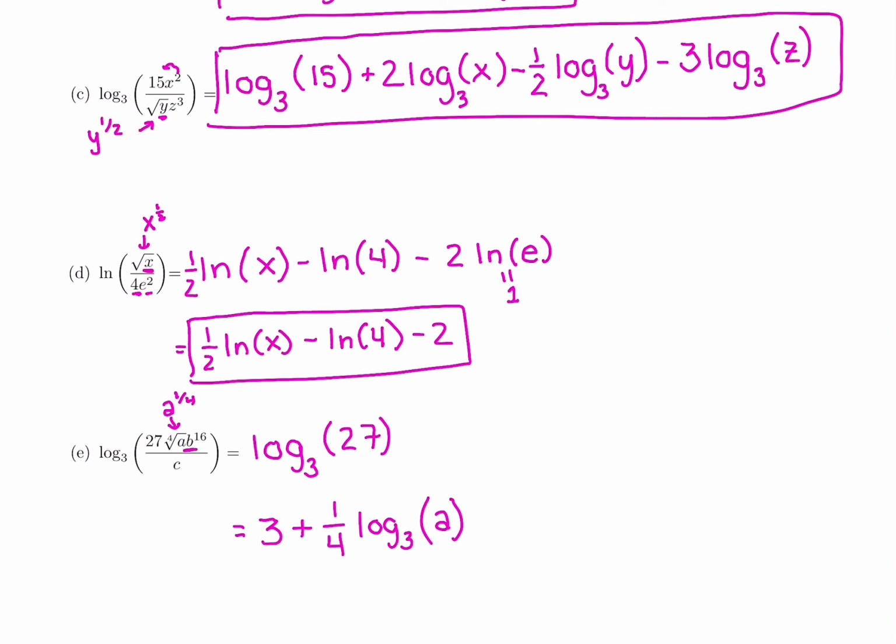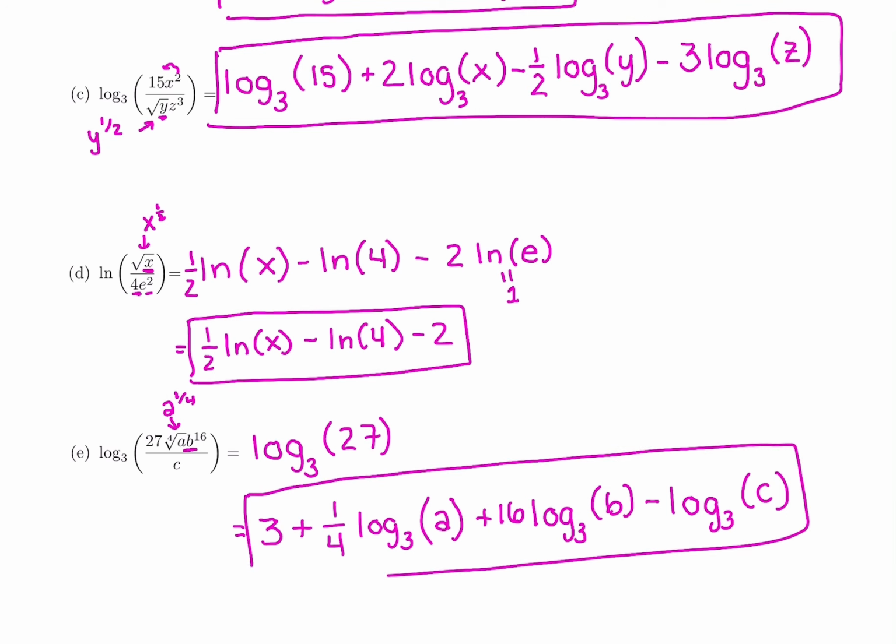Next one we have b, so I'm going to add it since it's in the top. Log base 3 of b. And then I'm going to pull that power out front, so it's going to be plus 16 times log base 3 of b. And lastly, we have a c in the denominator. Since it's in the denominator, it's going to get subtracted. We have log base 3 of c. And there's my final answer.